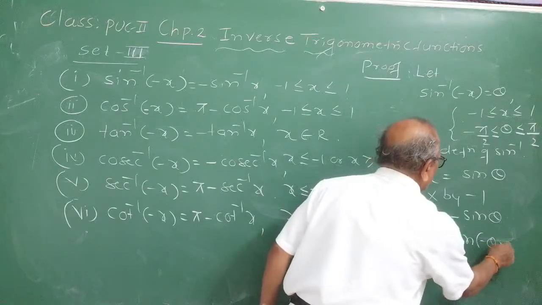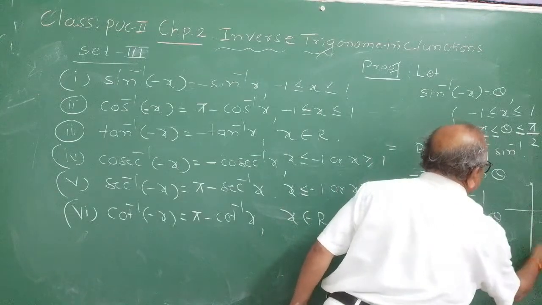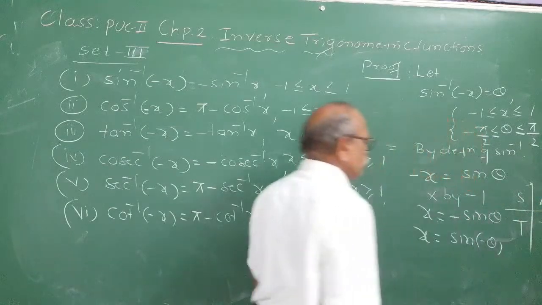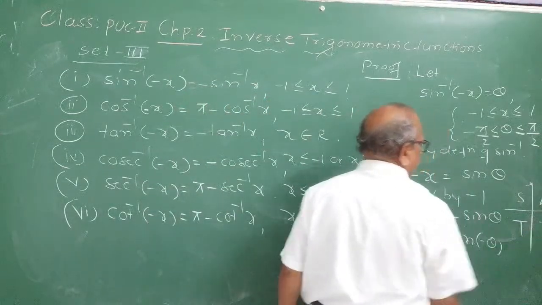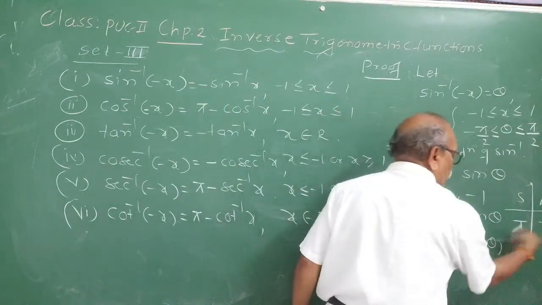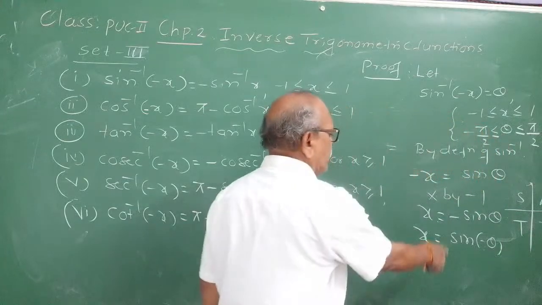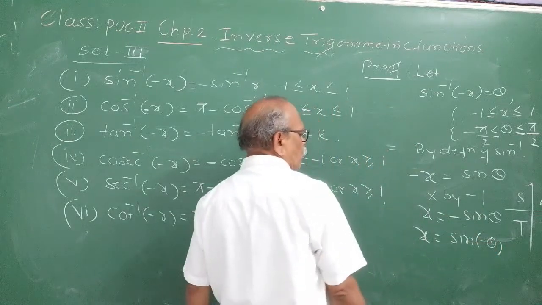Fourth quadrant. Trigonometric ratios of minus theta, ASTC. What is sine minus theta? Minus sine theta. Cos minus theta is cos theta. Only cos and sec are positive in the fourth quadrant. Therefore, minus sine theta can be written as sine minus theta. Right?